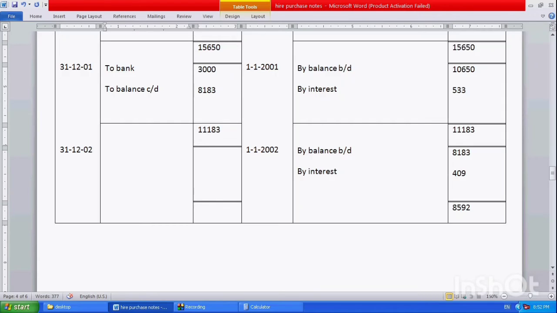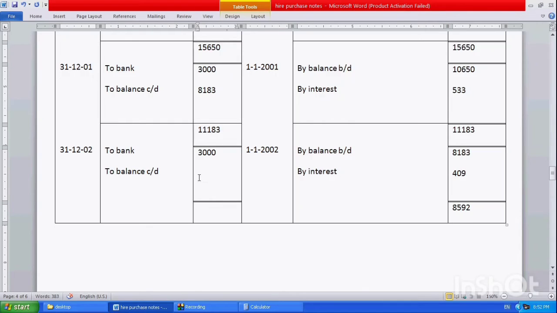Okay, to balance carried down, or to bank, means we have to pay the third installment. How much do we have?